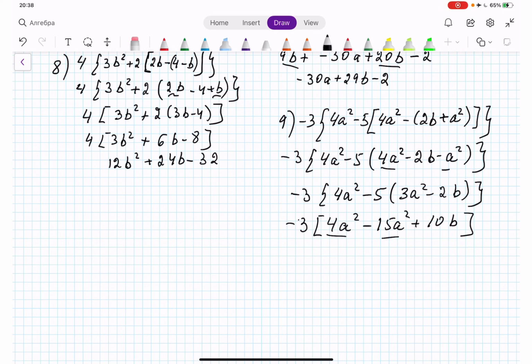And like terms, and we are getting negative 3, put parentheses, negative 11a squared plus 10b, and we get positive 33a squared minus 30b. And we are done. Okie dokie.